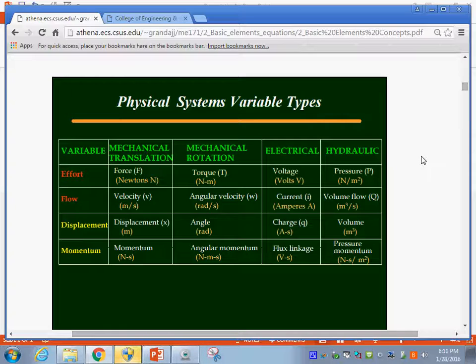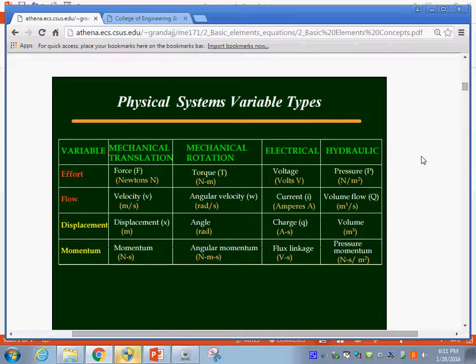If we talk about a flow in an electrical system, it's measured in amperes. The velocity is measured in meters per second, the displacement in meters, the angle in radians, the charge, and so on.